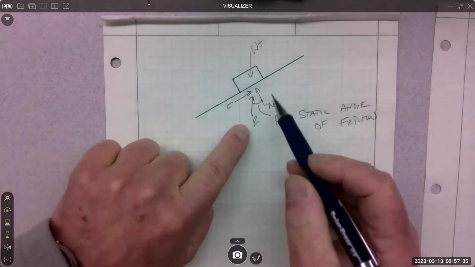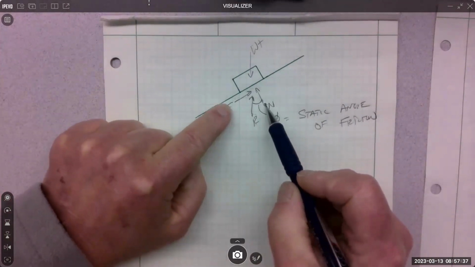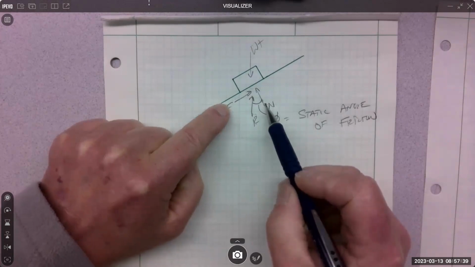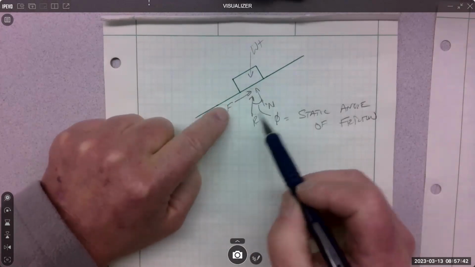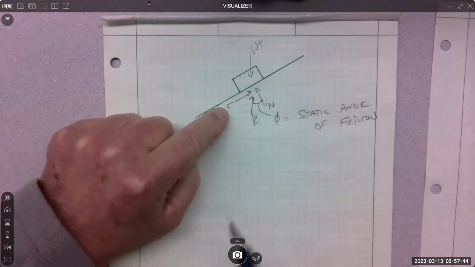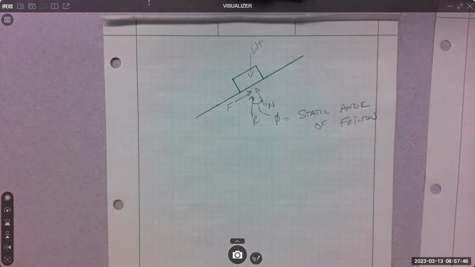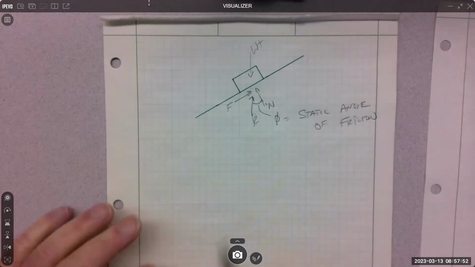If we put R in, F and N go away. We literally reduce the variables. We have two variables here, but if we put R in the diagram instead of F and N, then we can do something called a force triangle.